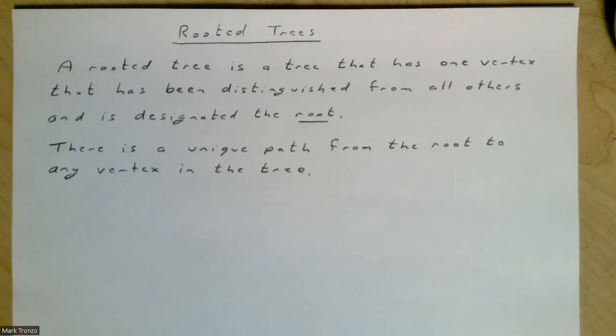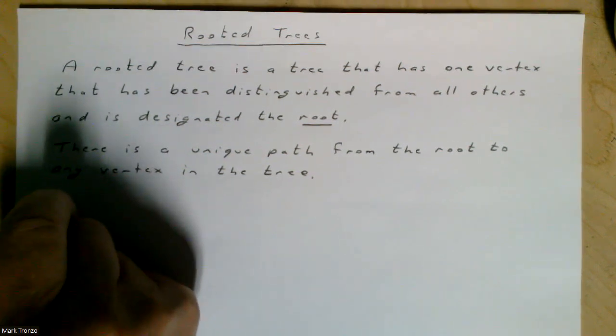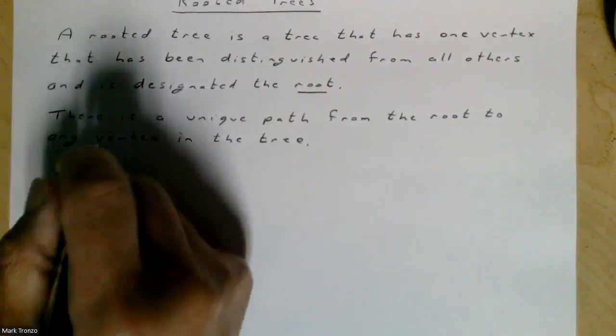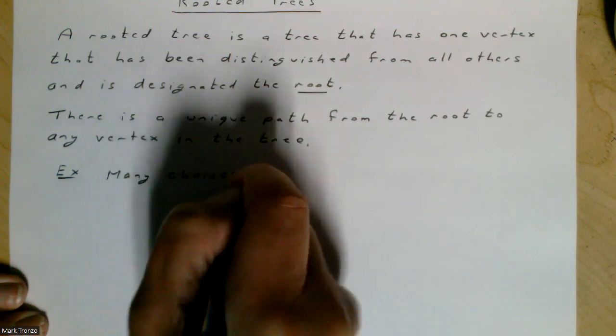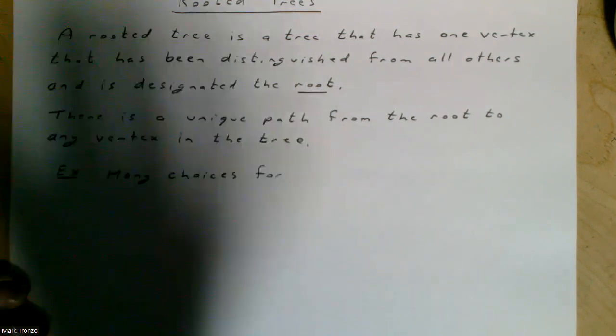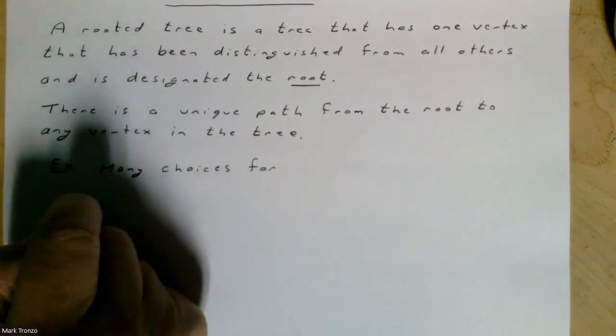So I could say the main idea is that you designate a particular vertex and say, okay, this is going to be the root. And again, you have many choices for what you designate as your root. Let me note this example: many choices. For the root, though, you always pick one, and that's going to be your root.